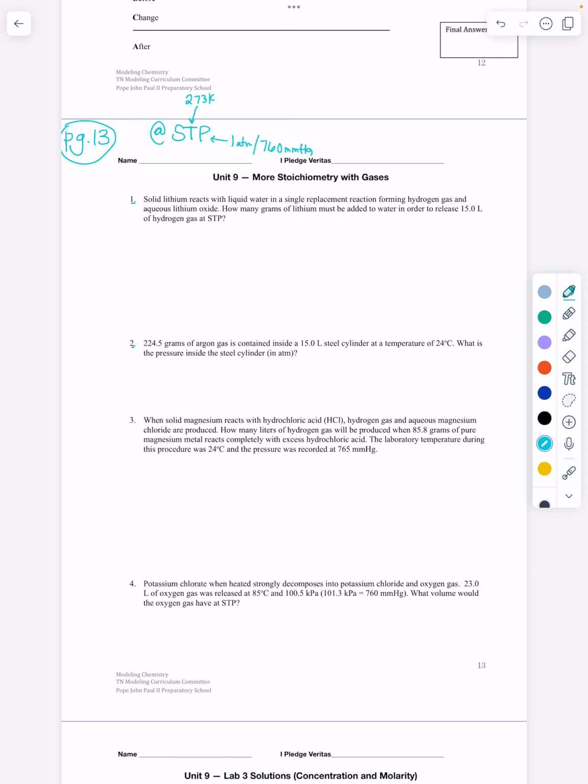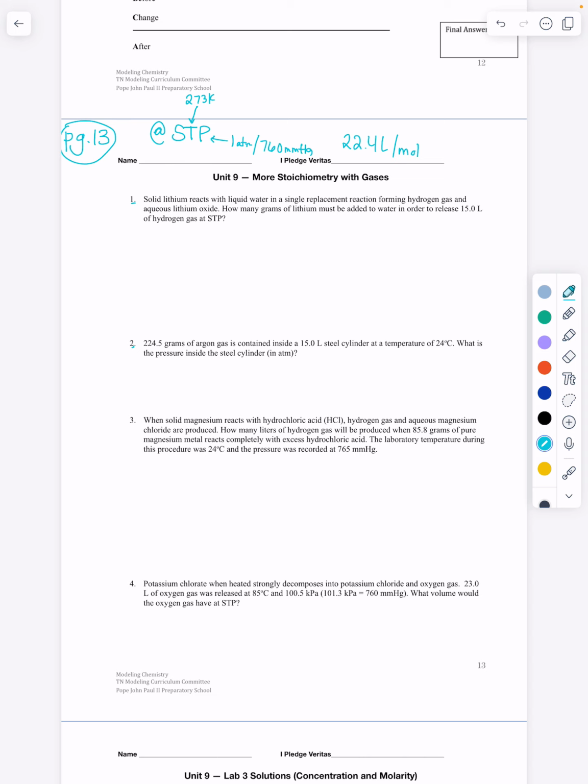So anytime we're at that standard temperature of 273 and the pressure of 1 atmosphere, any mole of a gas takes up the same amount of volume, and that volume is 22.4 liters per mole. And so we're going to use this value to figure out how much of a gas we have at standard temperature and pressure. So let's look at number 1.